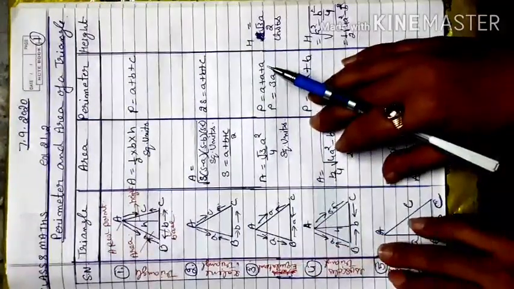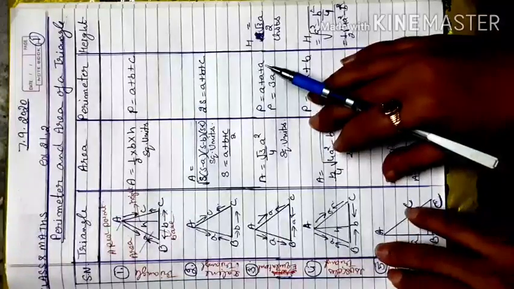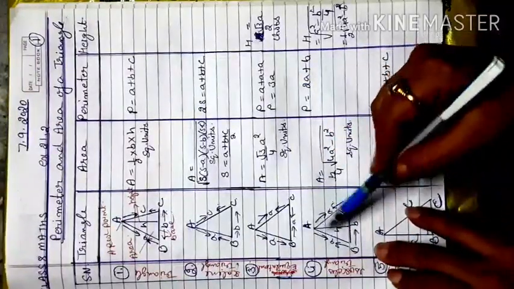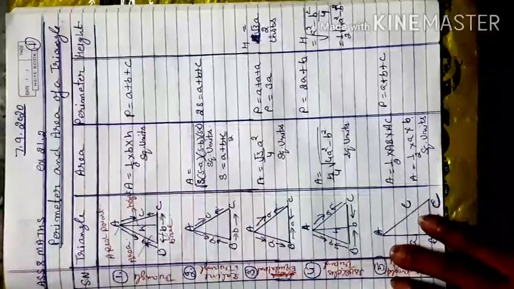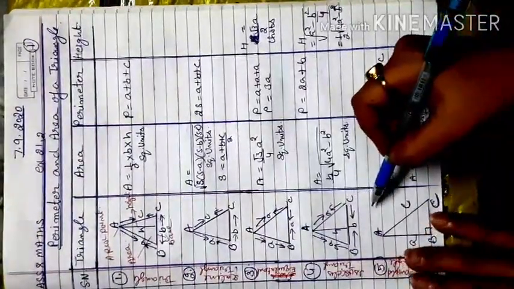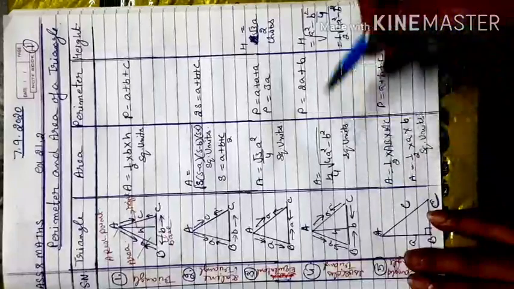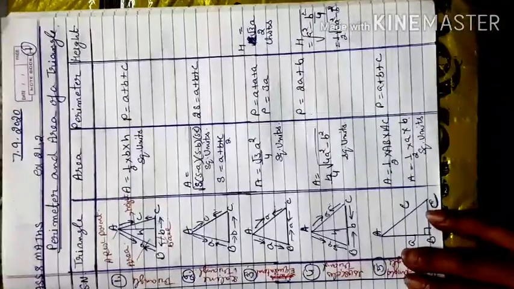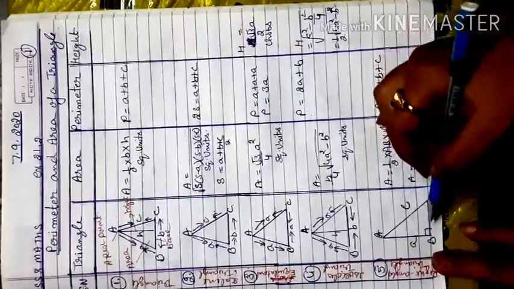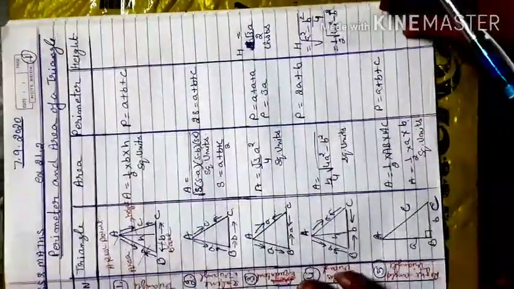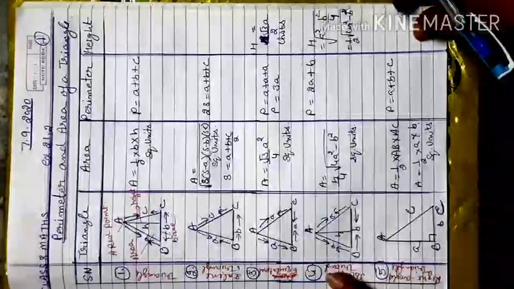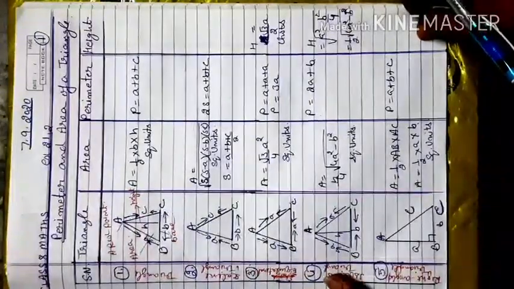Fourth is the isosceles triangle, when two sides are equal and one side is the base, represented as B. Last is the right angle triangle. Obviously in a right angle triangle, if any side is missing, we can go with the Pythagoras theorem.